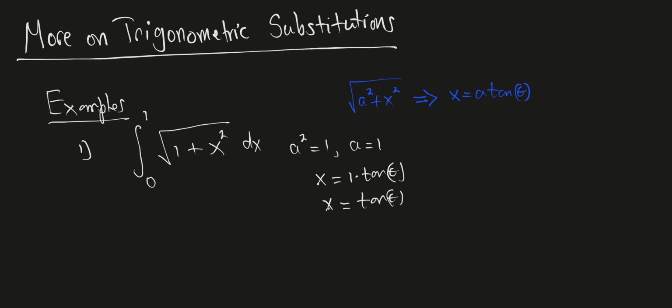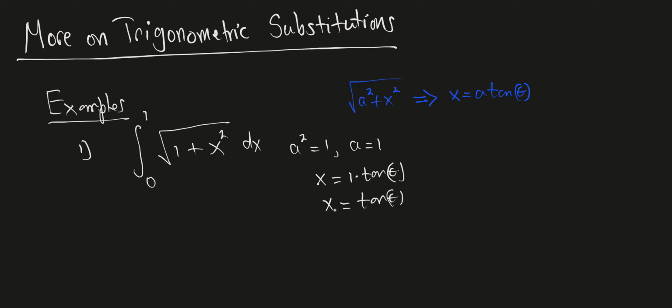And this equation is going to allow us to convert everything over from x to theta. So in this process of conversion, we're going to change our differential, we're going to change our integrand, and we're going to change our limits of integration, right?